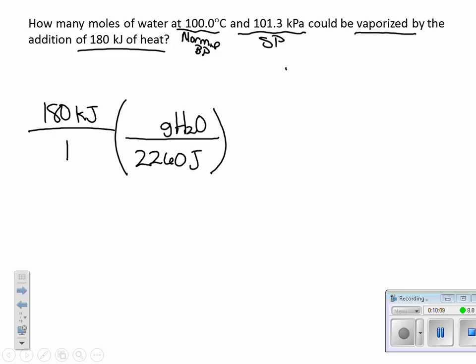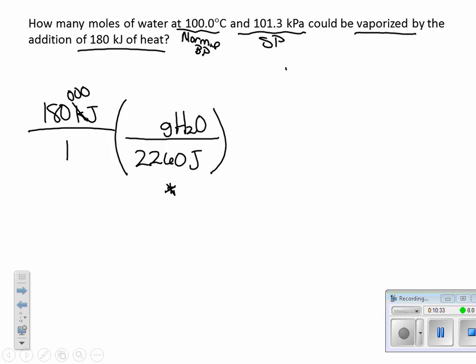You do not have to memorize it, but I gave that to you in the first presentation. Now notice what we have here. We cannot cancel our kilojoules, can we? Because our enthalpy of vaporization is in joules. So we need to convert our kilojoules to joules, and we will do that by adding 3 zeros there. And now we've got joules.